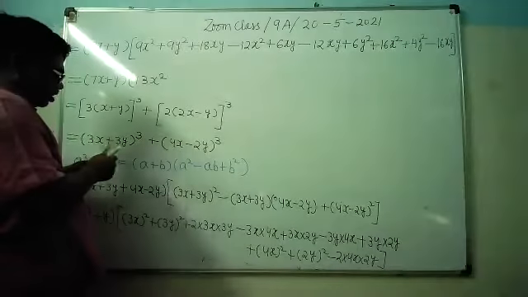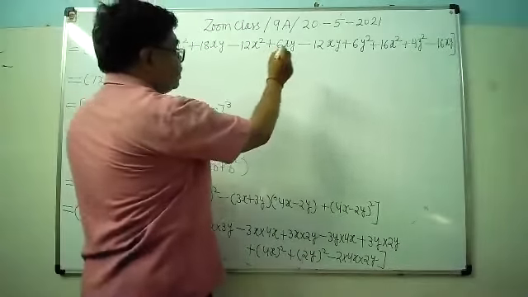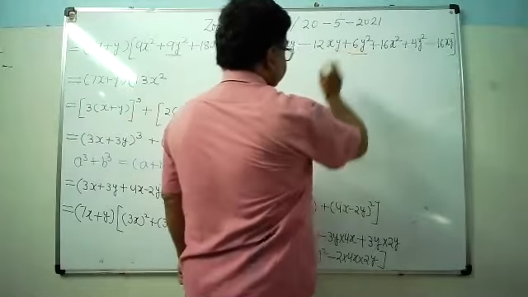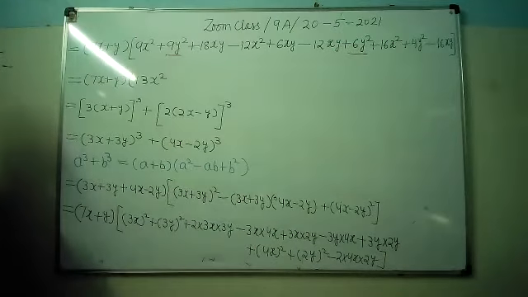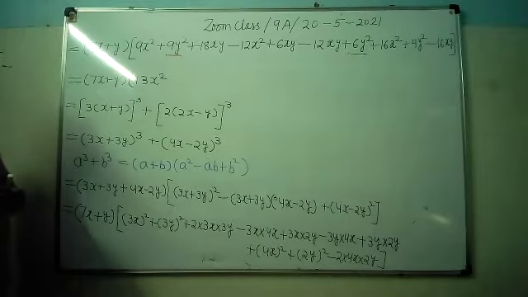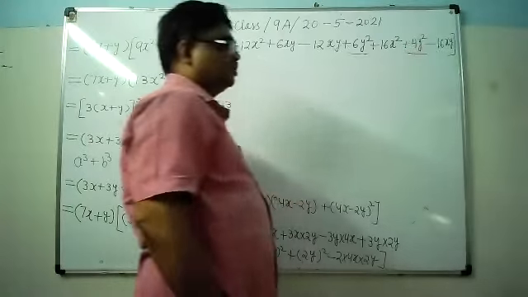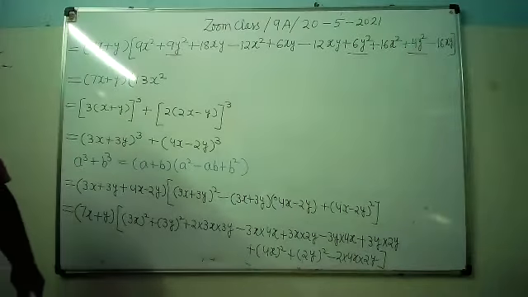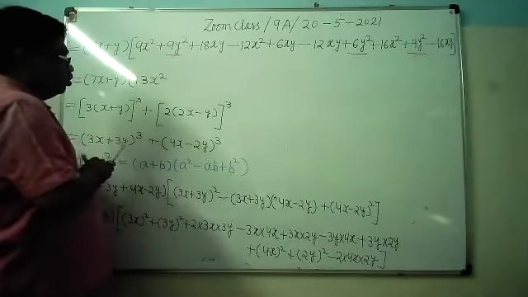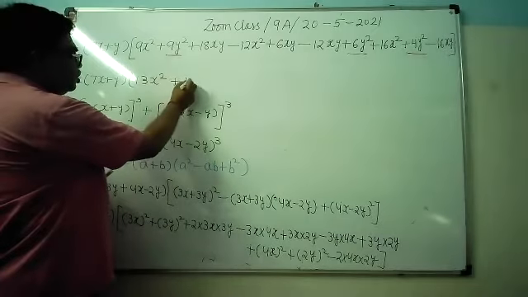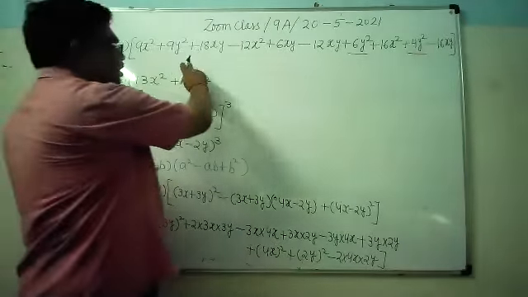Now you see the terms of y square. 9y square and 6y square. कितना होगा? 9 plus 6, 15y square. Plus 4y square, 19y square. It is clear?